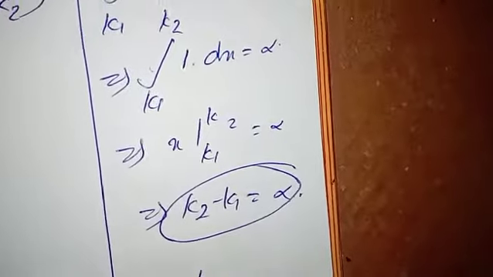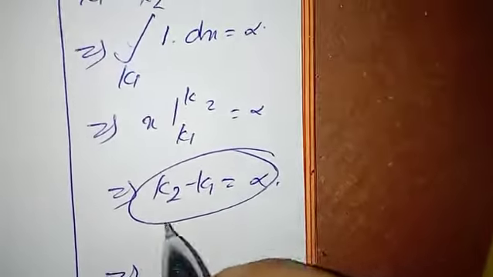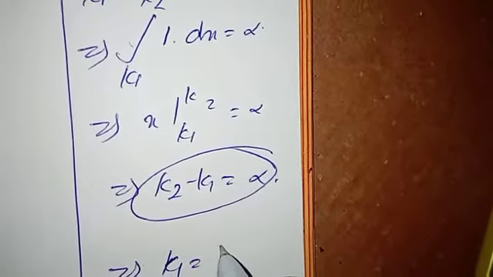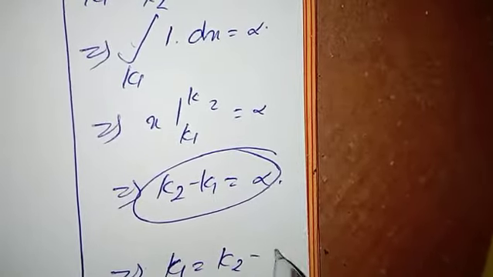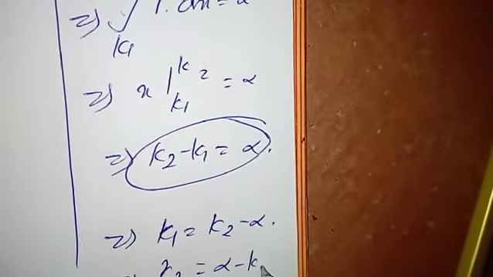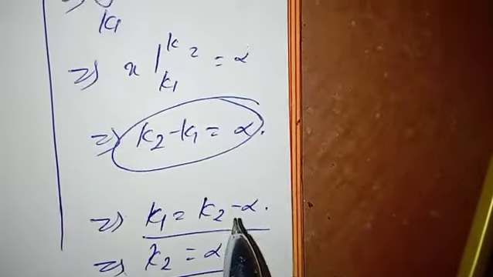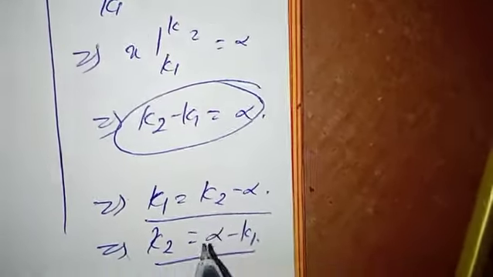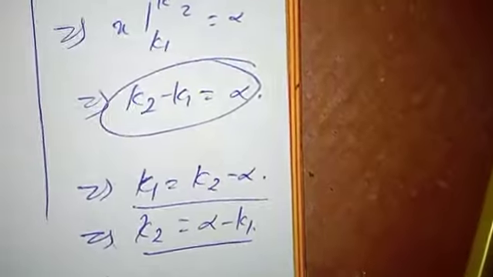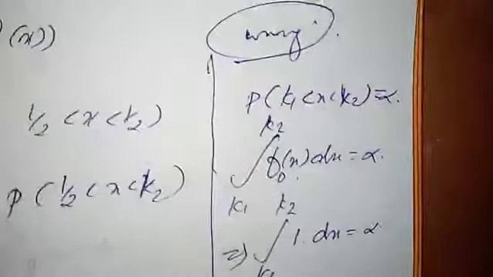If we want to determine k1, then k1 equals k2 minus alpha, and k2 equals alpha plus k1. So if we want to find the k1 value, we need the k2 value, and if we want to obtain the k2 value, we need k1, right? So this is not a proper method, right?